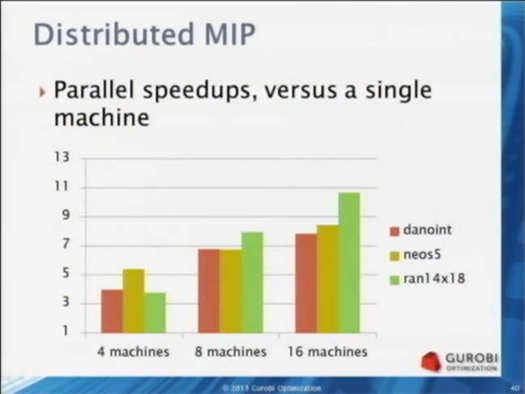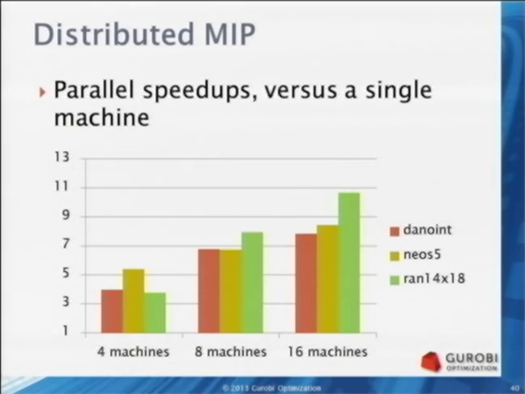And so here are results for a distributed memory version. This is just a bunch of machines sitting on an Ethernet. This is not a supercomputer or anything like that. So for this set of 3 models, which require on the order of 1 to 10 million nodes to solve, on 4 machines and 8 machines, we get nearly linear speedup.